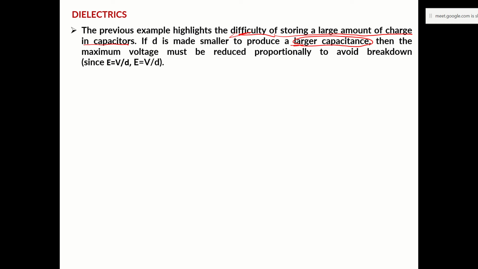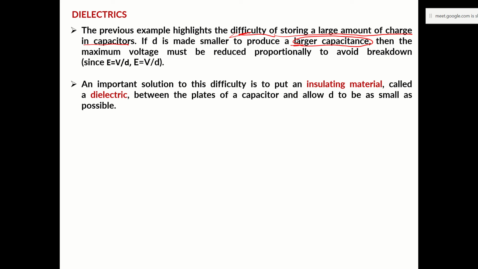So what should we do? This insulating material that we place is the solution, and we call it a dielectric. When we place it between the two plates, the role it plays is that of a dielectric.